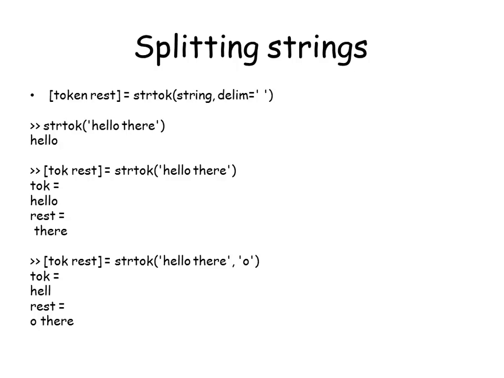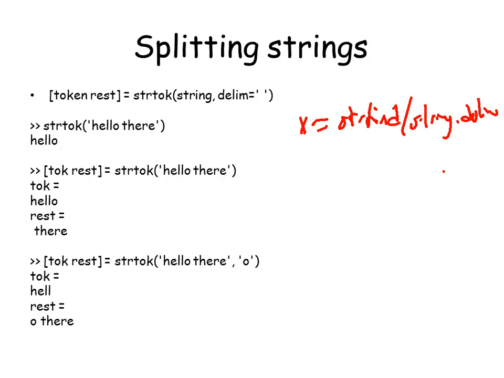Okay. You can also do this yourself in multiple steps. For instance, if you did not have this strtok function, you could do x equals strfind of string comma delim.